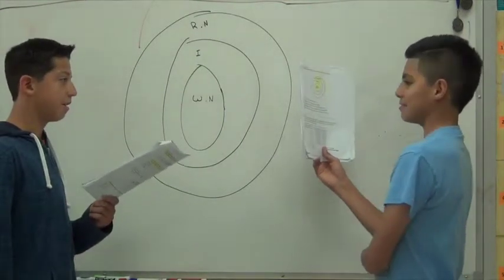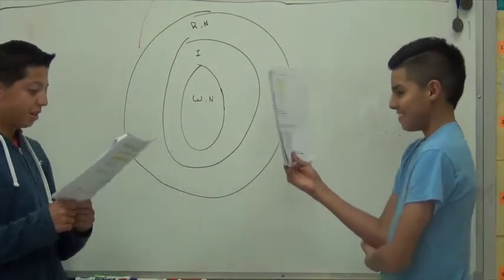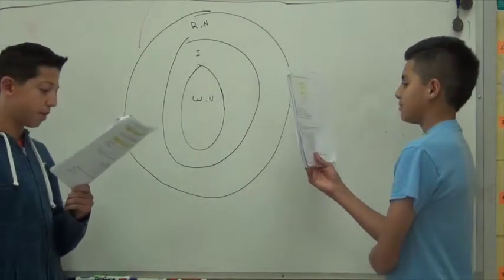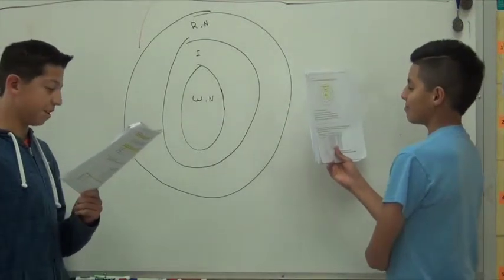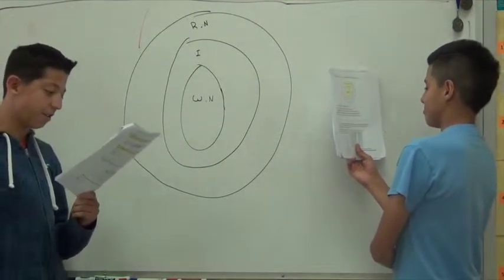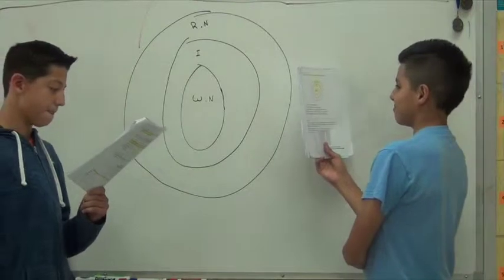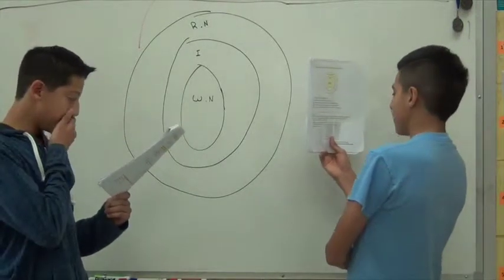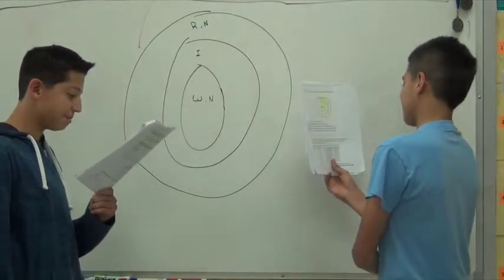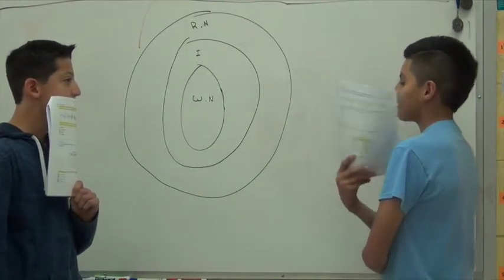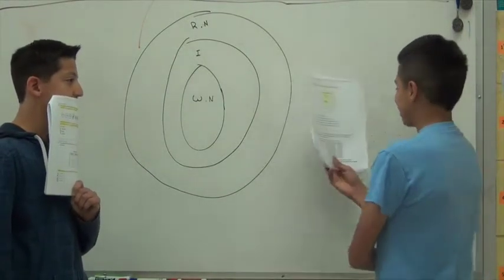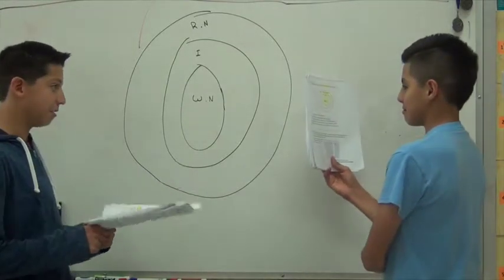What do you think, Kelly? No. B, outside the Venn diagram because it's a repeating decimal. No. C, with the integers because it is a decimal and a rational number. D, with the rational numbers because it can be written as a fraction. Yes. What do you think of D, Kelly?